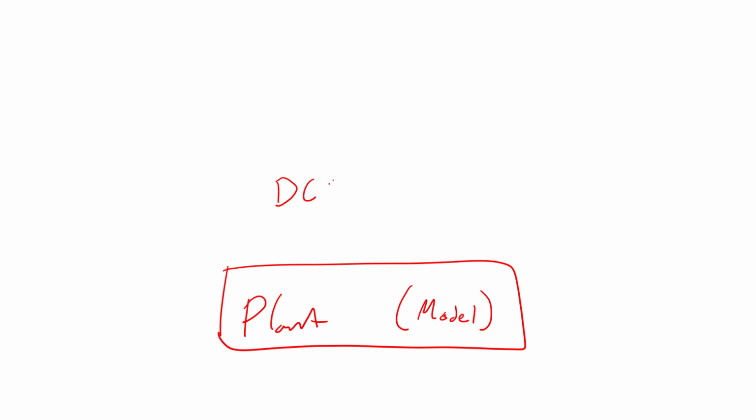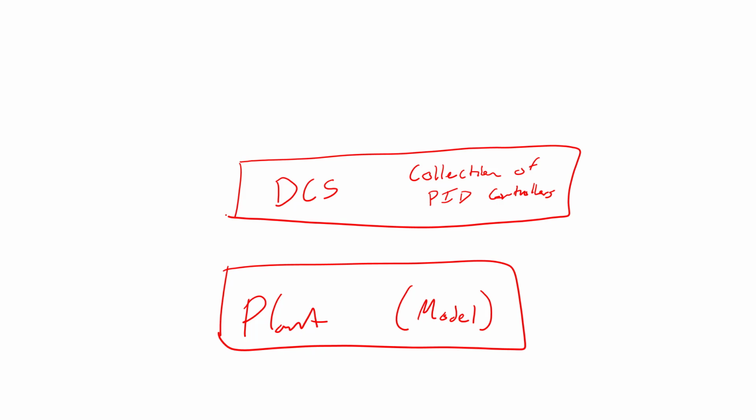Our DCS, or distributed control system, would be the collection of PID controllers that we have created. Those are both a part of our Collimator model, really, but think of those as you have your plant, which is the actual physical process, including the sensors and actuators. Your DCS is going to be racks of computers, essentially, that are running all these different algorithms that are doing all the processing and sending out the signals.